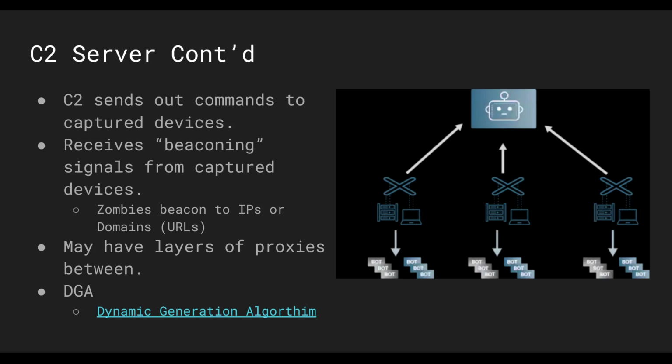Domain generation algorithms are specifically designed software flows so that, instead of having a static list of unchanging IPs and domains for the agent to call back to, they'll actually follow an algorithm where the program will spit out a list of dynamically generated domains, and it could be tens to hundreds to thousands of different domains that it will try and call back to until one is successful.